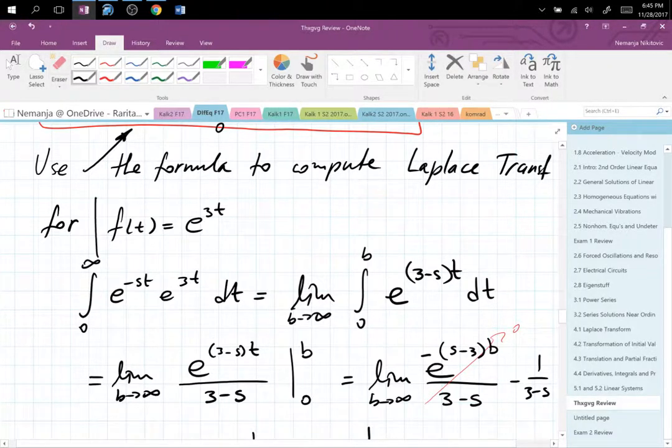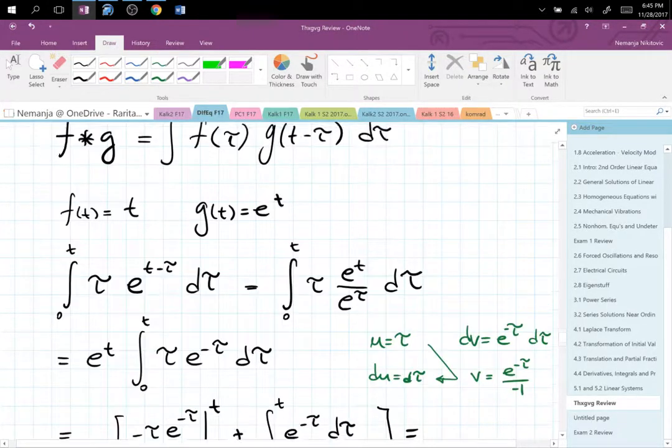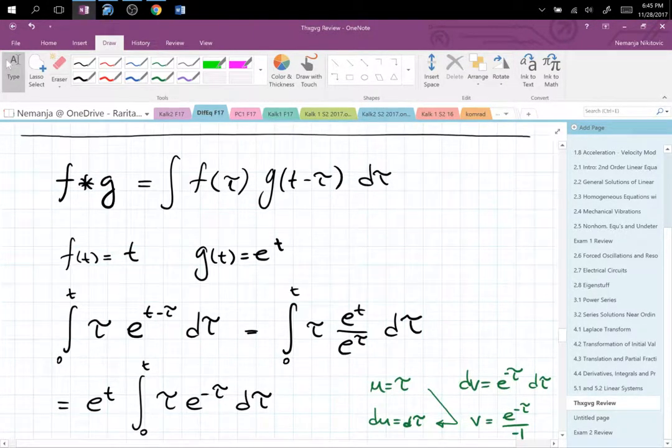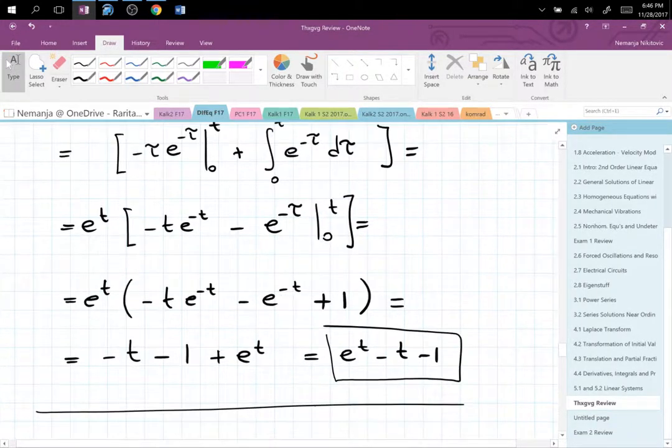Well, if that was the question on the test, then your Laplace transform table, which is supplied, would have all of the formulas except e to the at. That one would be missing, right, on the list. And then you unleash the formula, do the whole thing. Convolution between two functions, t and e to the t, calculate, calculate, calculate, integration by parts, a little bit of that, and there you go.